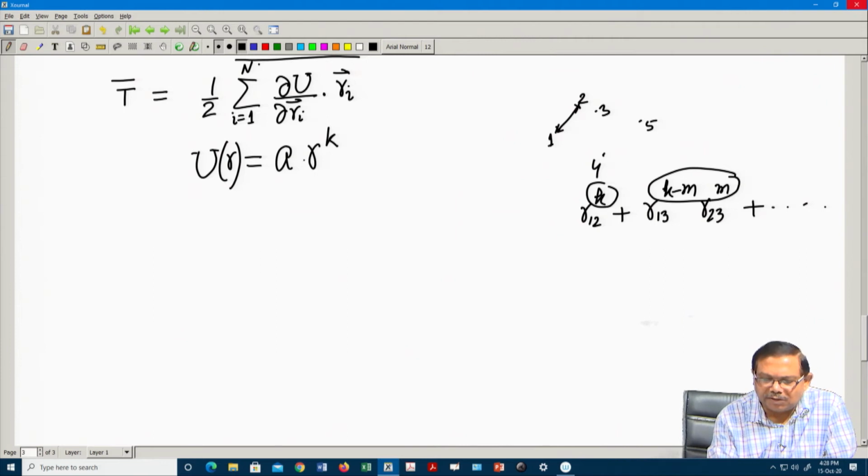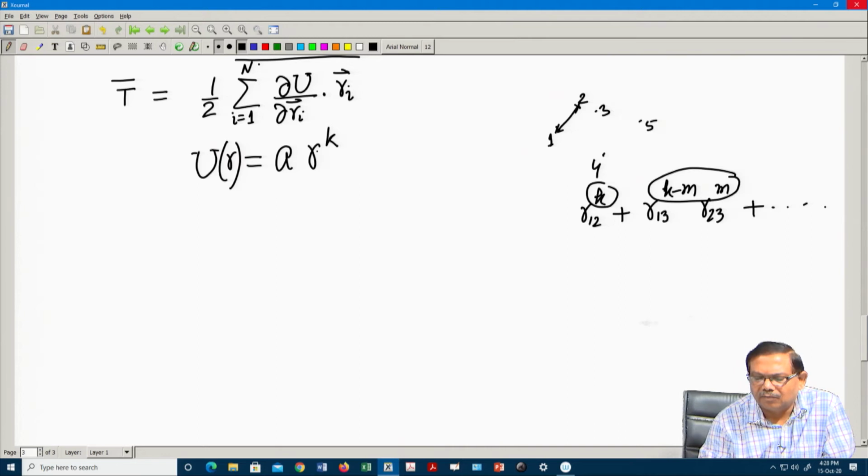So, the potential energy is a homogeneous function of degree k, and where do you get this kind of thing? Let us say there is a spring mass system. If there is one spring and one mass, you know the potential energy is half k x square.